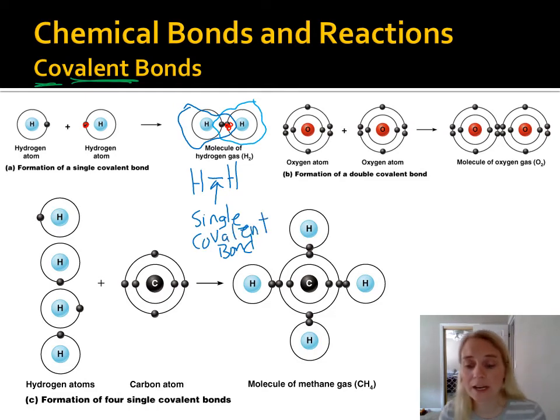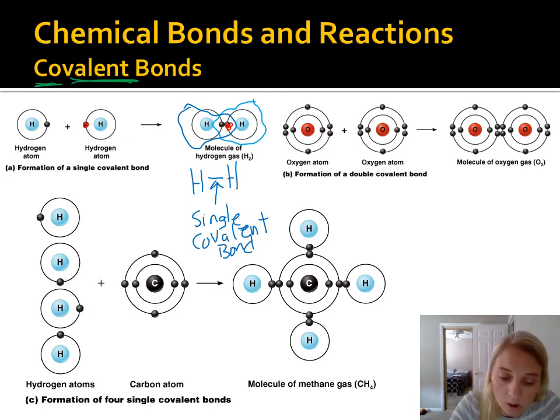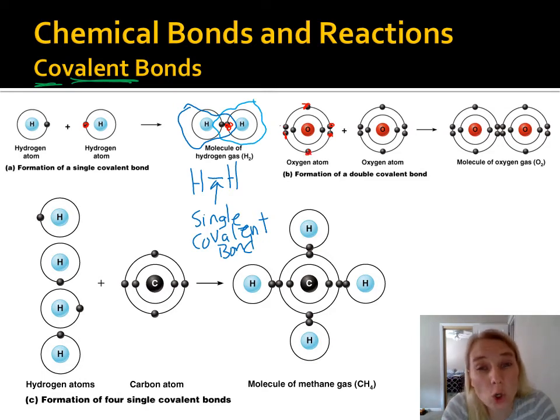Okay, but if we take a look at oxygen, each oxygen has 1, 2, 3, 4, 5, 6 electrons in its valence shell. So it needs 2 more.